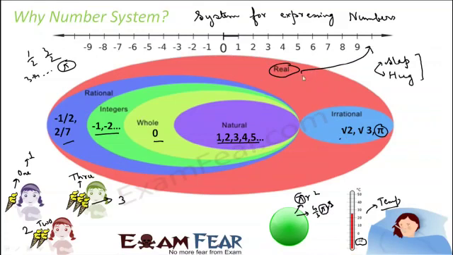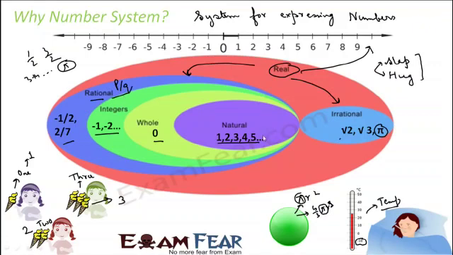Real numbers are further classified as rational and irrational numbers. We will give you the definitions of rational and irrational numbers. A rational number is one which can be represented in the form p by q.